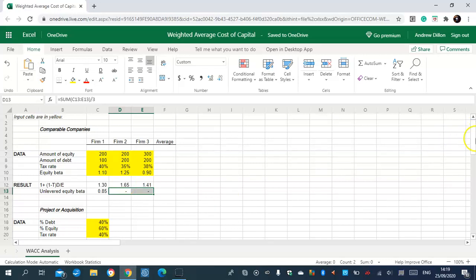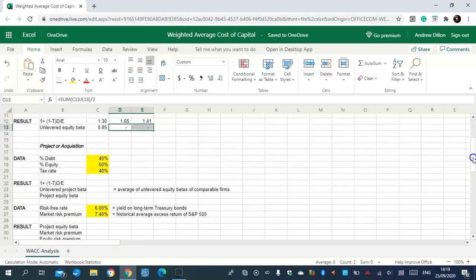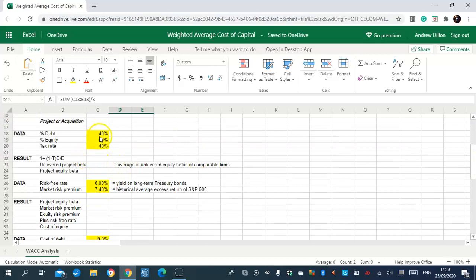So now we're going to go down and go to the project and acquisition. Debt is 40%, equity 60, and the tax rate is 40%. I have to calculate the results now, which is the same as before, and also calculate the project equity beta.